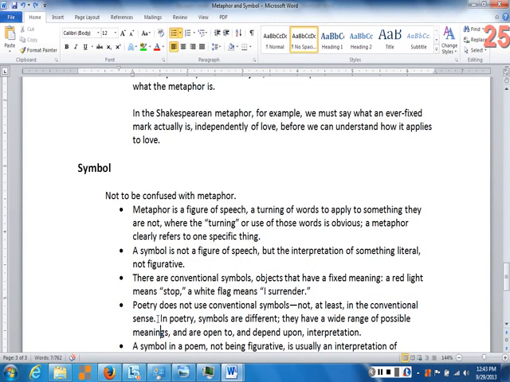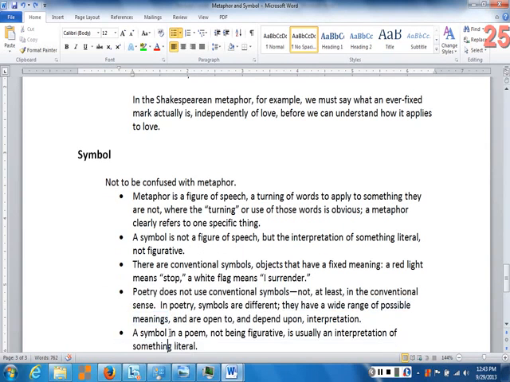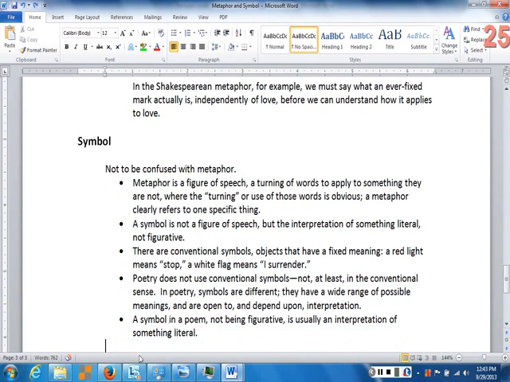In poetry, symbols are different because they have a wide range of possible meanings, and they are open to and depend upon interpretation. Okay? Finally, and this is the important thing, a symbol in a poem, not being figurative, is usually the interpretation of something literal in the poem.